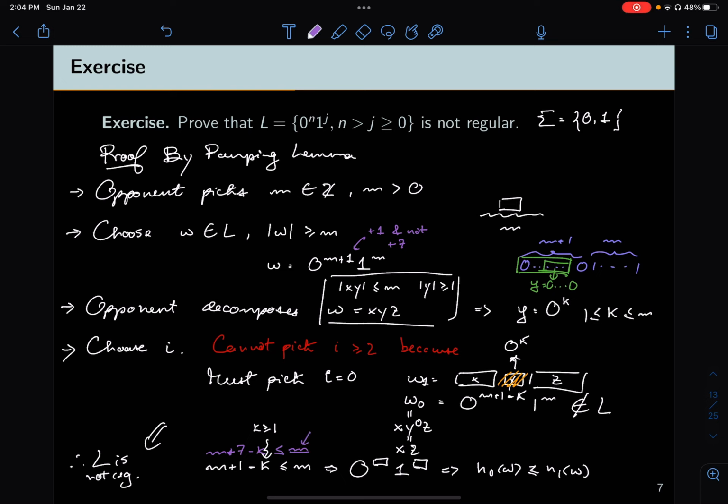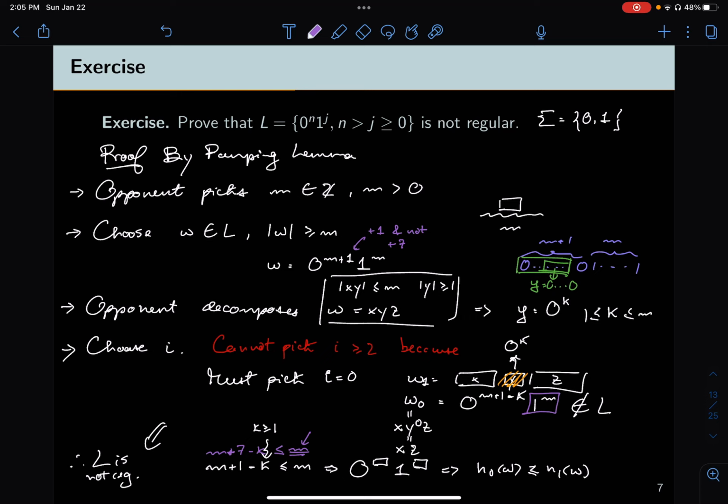And we care about this m because that's the number of ones we have here. We want the number of zeros to be at most the number of ones so that the pumped string is no longer in L.